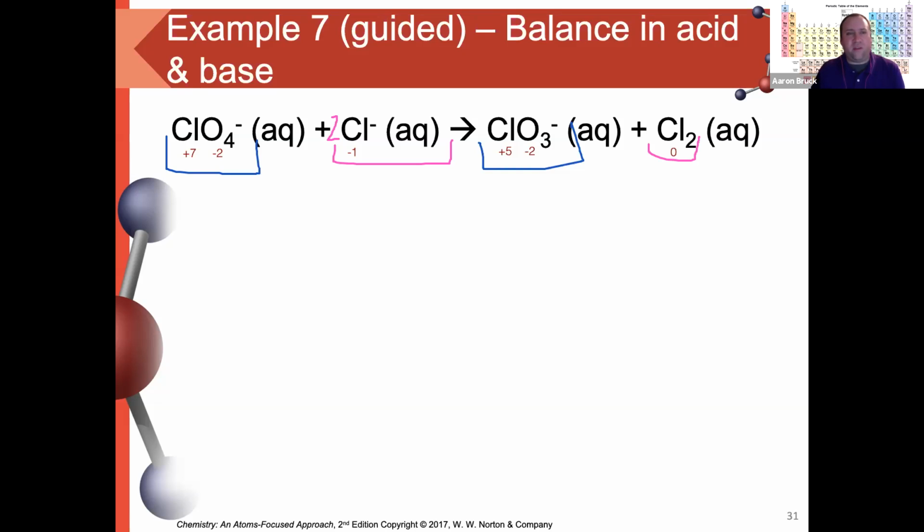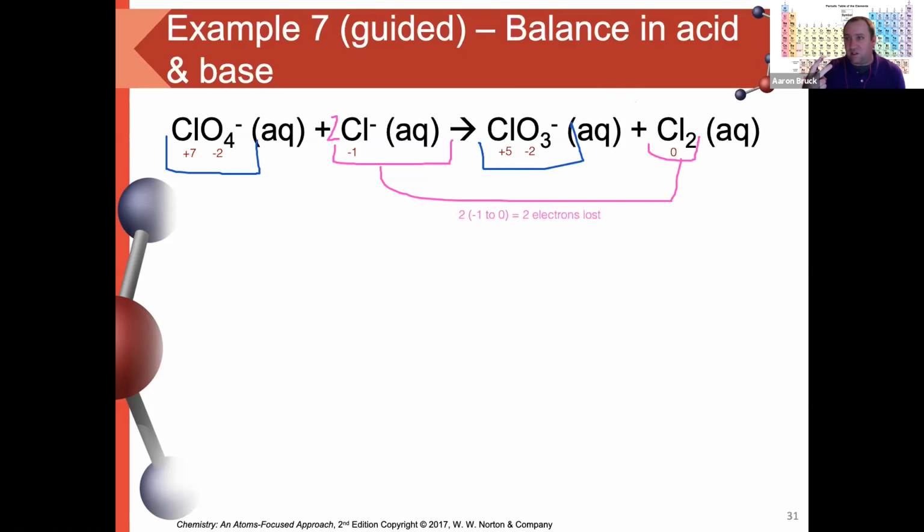So from this perspective, now again, looking at the concept here of matching pairs, I can see that in the pink pair here, we have 2 chlorines going from -1 to 0, which means that a total of 2 electrons are lost. Each chlorine in this scenario loses 1 electron.